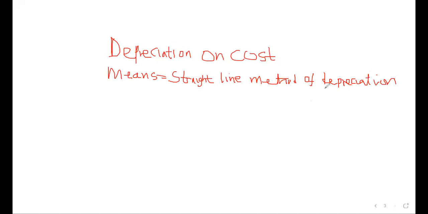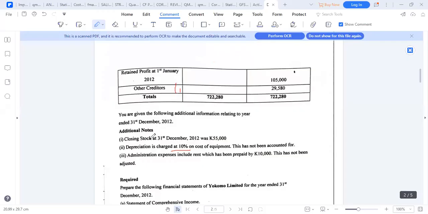Now, getting down to the other one, we are looking at the depreciation that has been here on this question. It was, of course, the closing stock, as we do the workings. The stock that we closed the business with was 55,000 for this company.